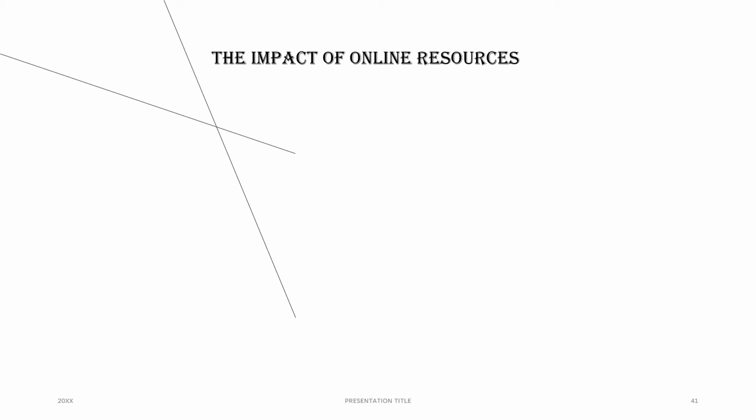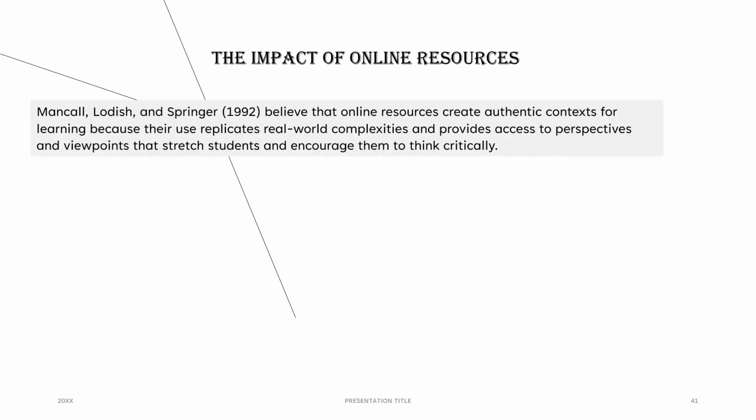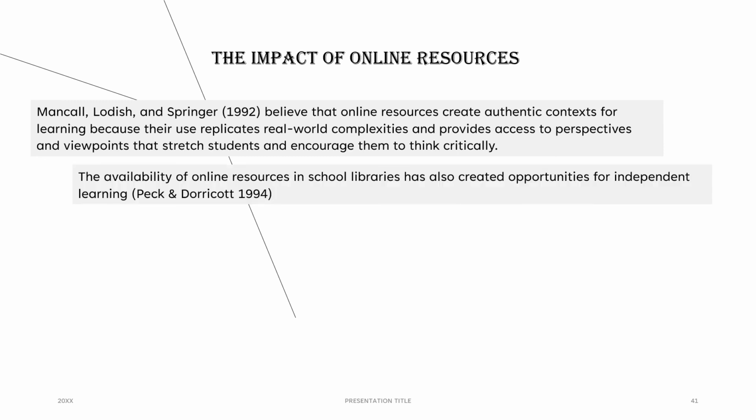The impact of online resources. Mankal, Lodish, and Springer believe that online resources create an authentic context for learning because their use replicates real-world complexities and provides access to perspectives and viewpoints that stretch students and encourage them to think critically.